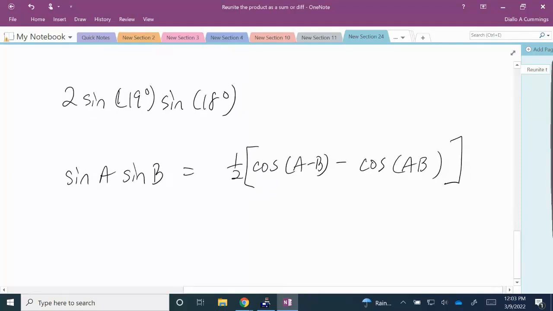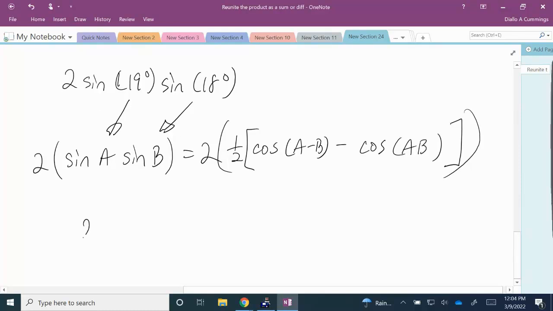So in our problem, we could substitute A for 19, we could substitute B for 18, but notice our coefficient is 1/2. So in order to make the problem match the formula exactly, I'm going to multiply both sides of the formula, or this equation, by 2.